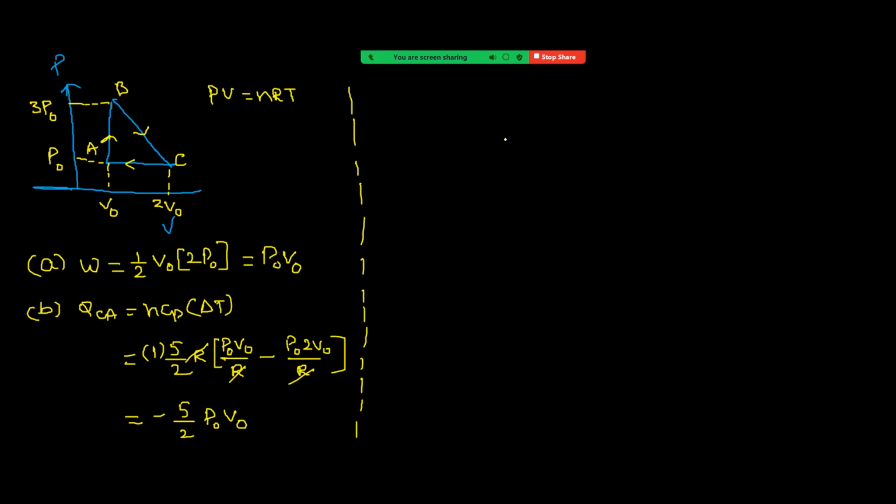Now coming to the second part, heat absorbed, A to B. Heat absorbed A to B. A to B is constant volume. Constant volume means it is nCv delta T. n is 1, Cv for monatomic is 3 by 2 R, delta T. Again T equal to PV by nR.